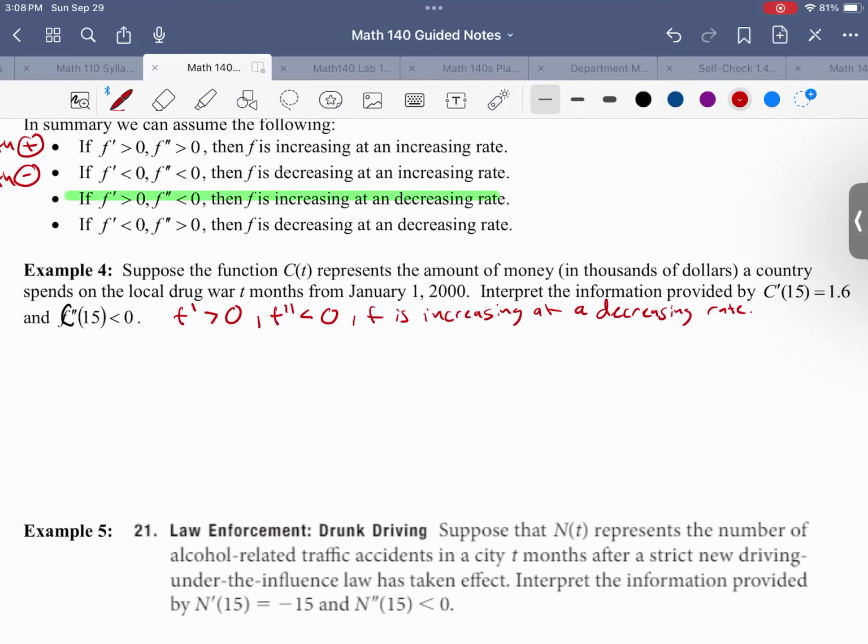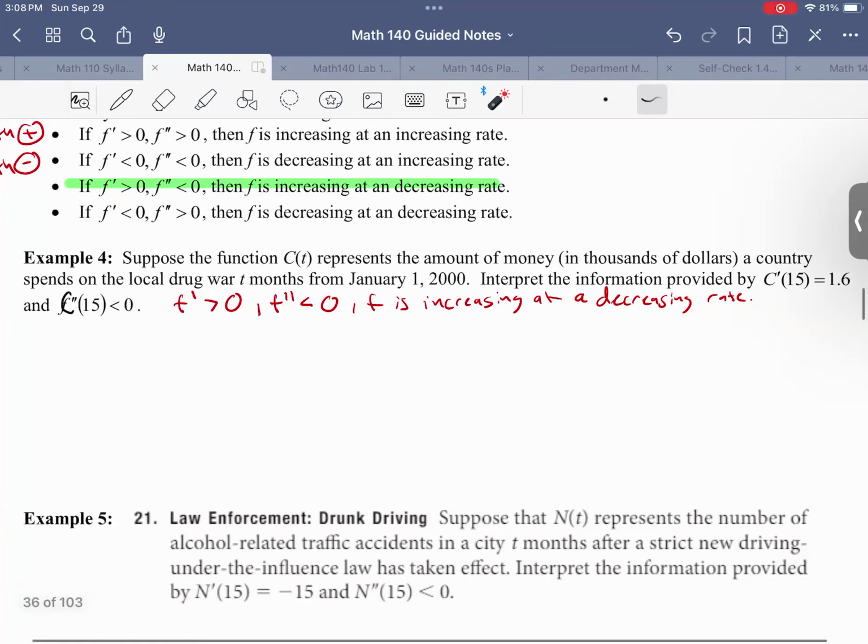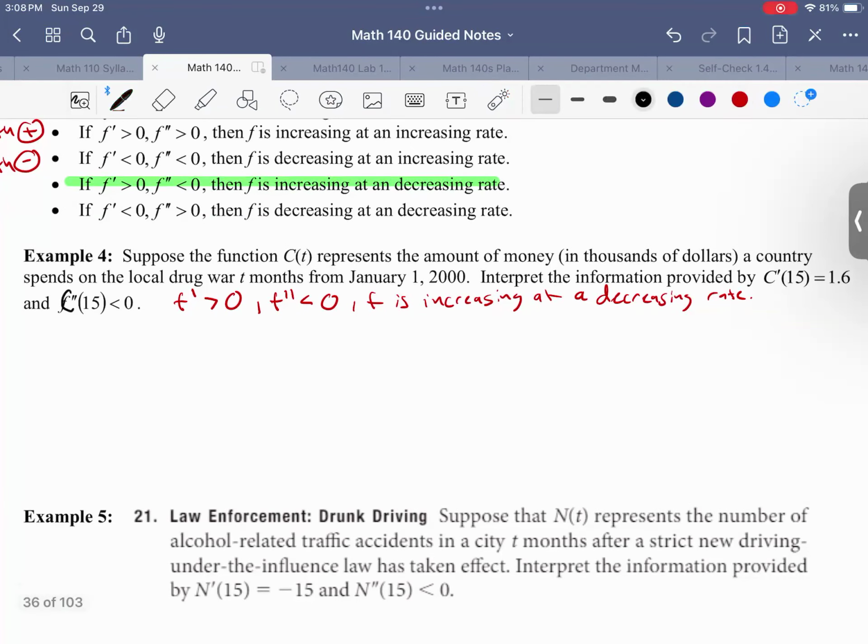All right, so what it's saying is that we're increasing, but it's decreasingly increasing, where it's not increasing as much anymore. So let's write out what the statement is saying.